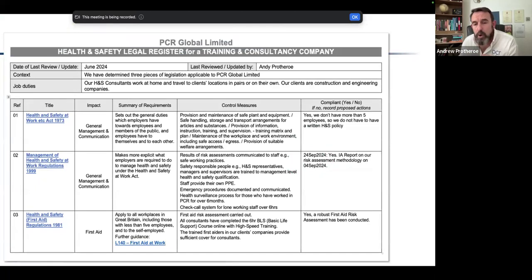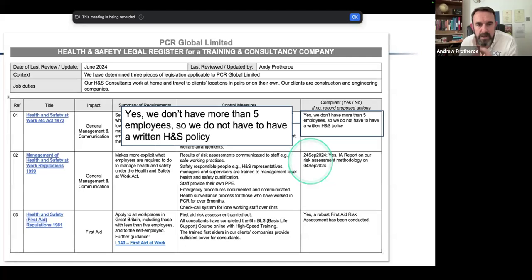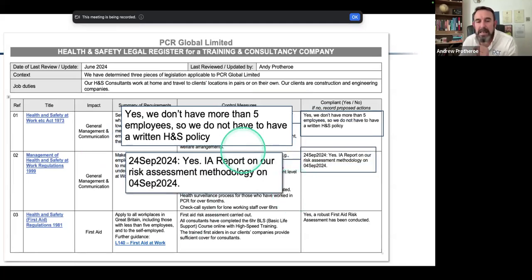If any of you are really quick readers, you will see there's a few things wrong in here. It's wrong because this is part of the training we do for internal auditing. But ultimately, this is where it generally ends up with people in some type of legal register. But the key is not the legal register, it's the analysis and the assessment and the evaluation of how you are actually complying with those laws.